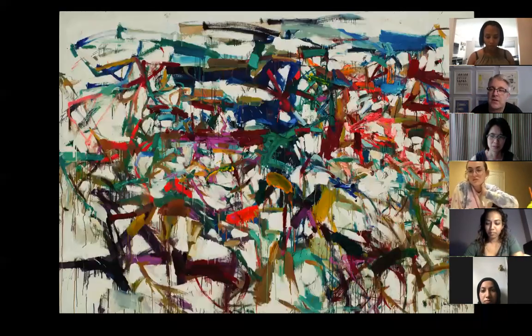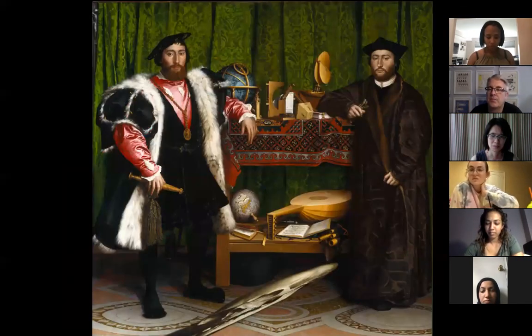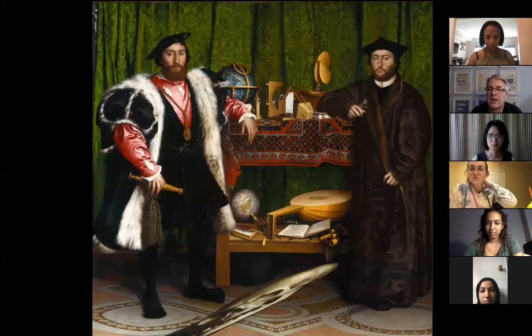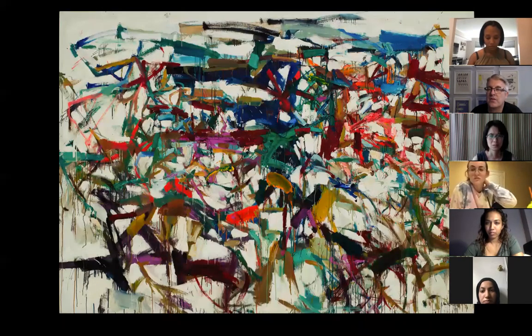So there's a kind of unity to this painting, right? Or there's a unity to this painting. And in a different way, there's a unity to this painting, right?